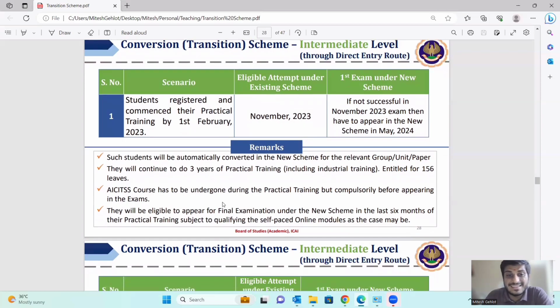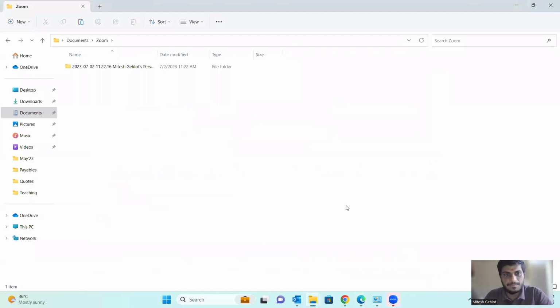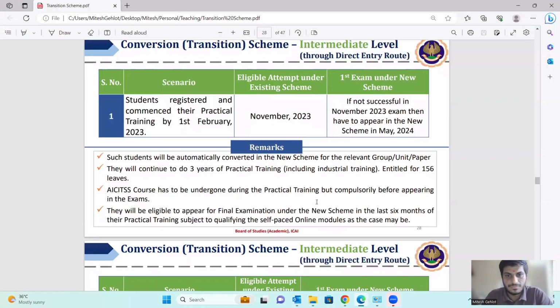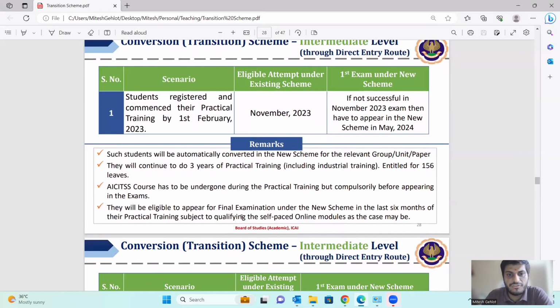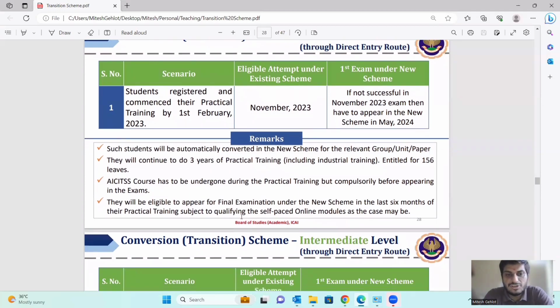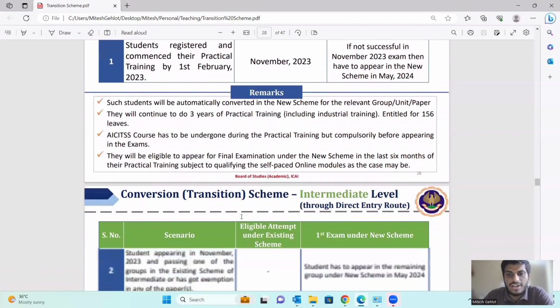One more thing: you will be able to appear for the final examination under the new scheme in the last 6 months of the practical training, only if you qualify your self-paced online modules.